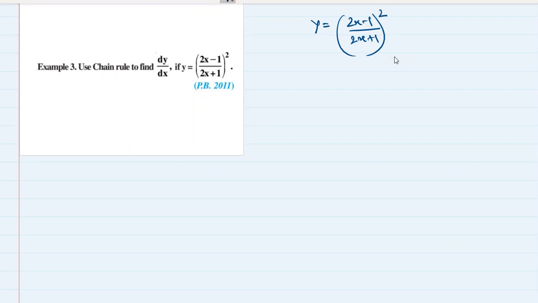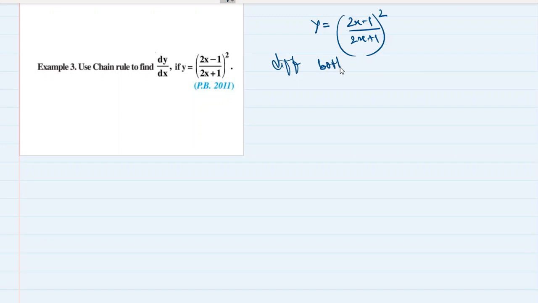Use chain rule to find dy by dx if y is equal to 2x minus 1 upon 2x plus 1 the whole square. Okay, let's apply chain rule. So y is equal to 2x minus 1 upon 2x plus 1 the whole square.